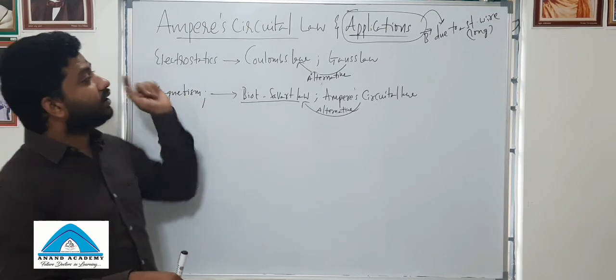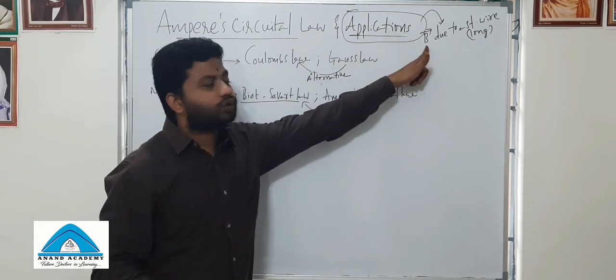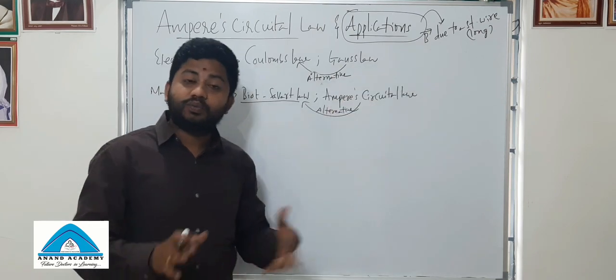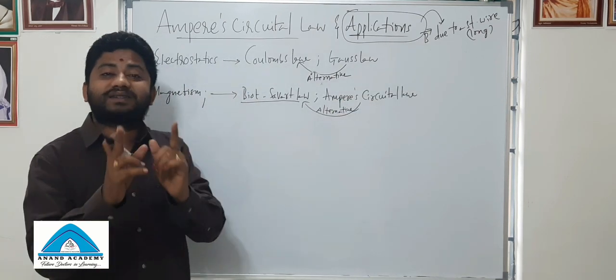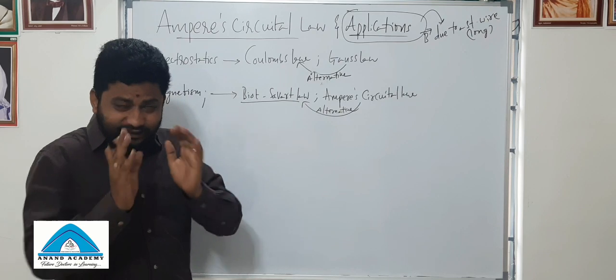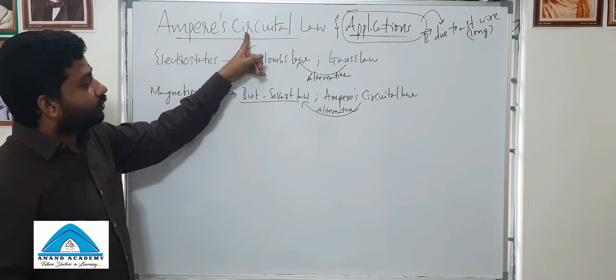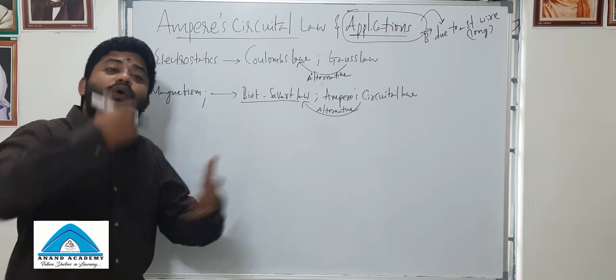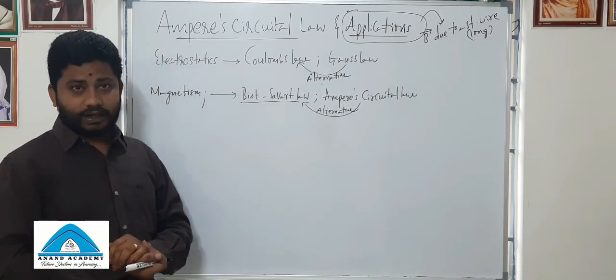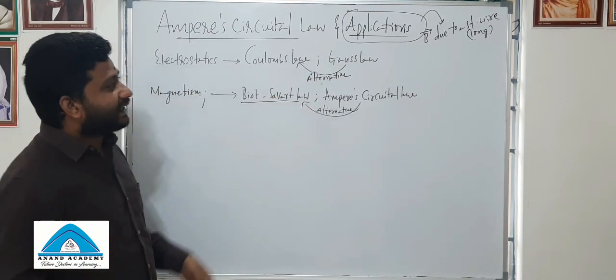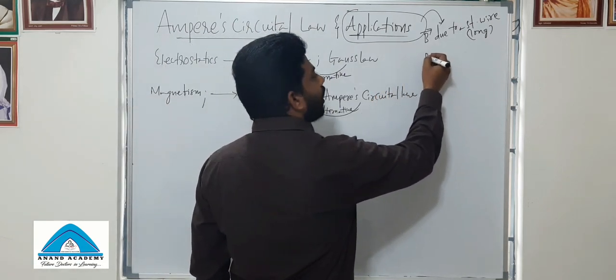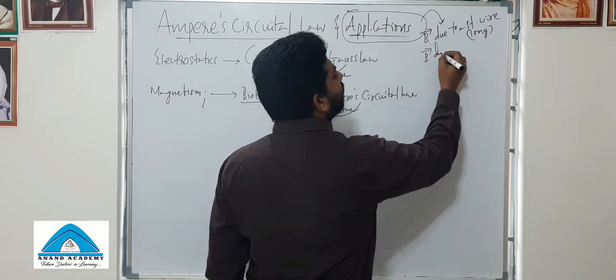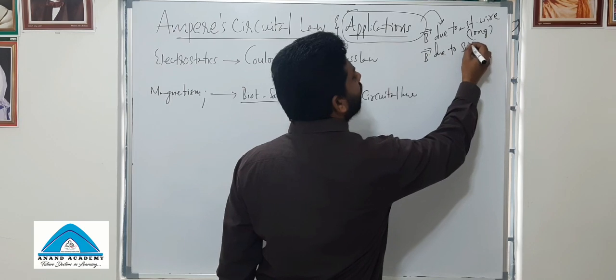Now by using the Ampere's Circuital law also we will be finding the same. So both answers must match each other. That's called the Ampere's Circuital law is an alternative form of Biot-Savart law which is easier than the Biot-Savart law.